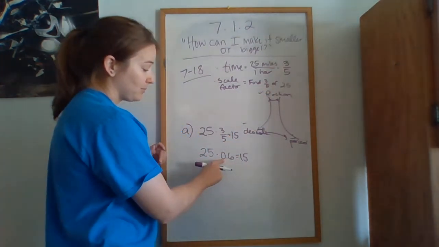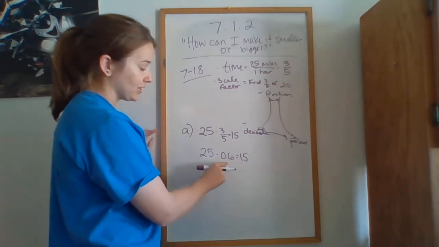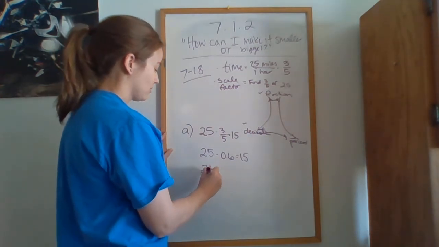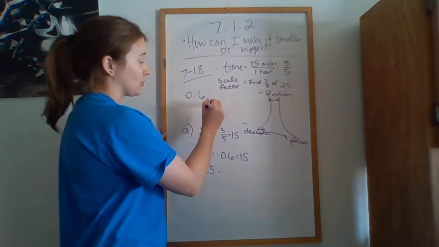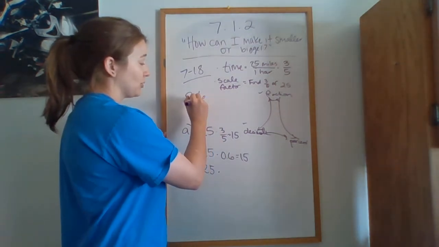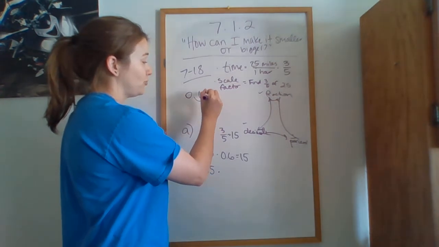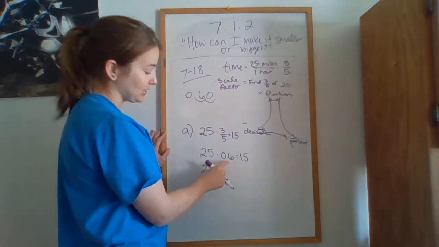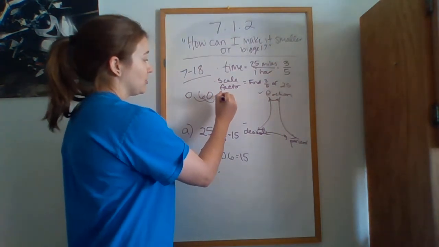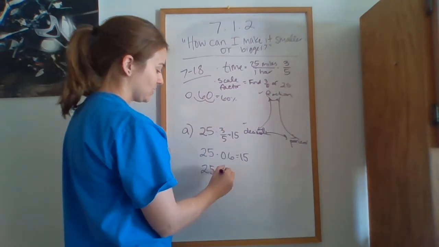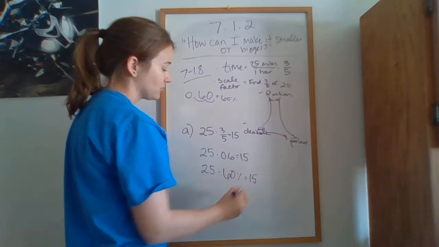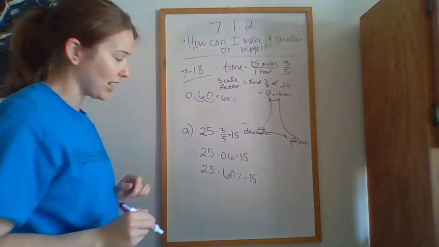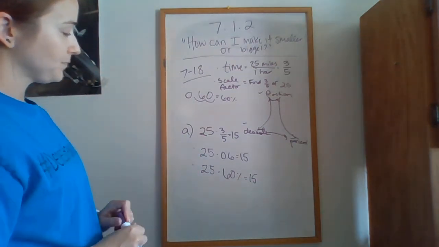And for the percent, you just want to look at the decimal, right? Because when you're changing a decimal, 0.6, into a percent, you move that decimal over to the right two times because you're multiplying this by 100. And then you get 60%. So 25 times 60% is 15. So there's our two other ways of writing that equation.